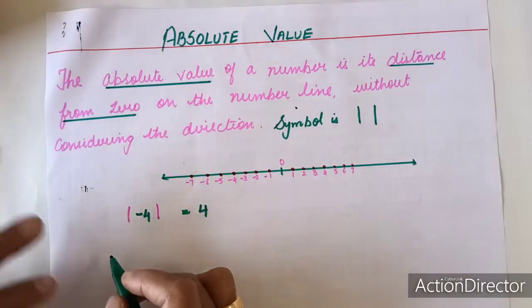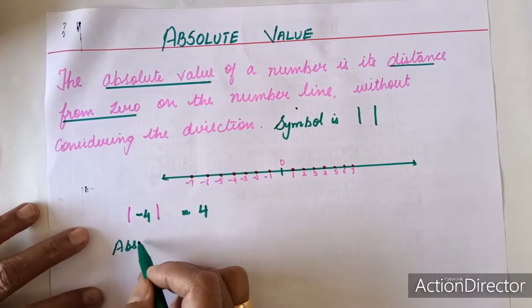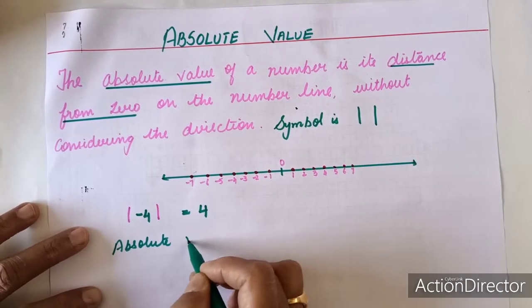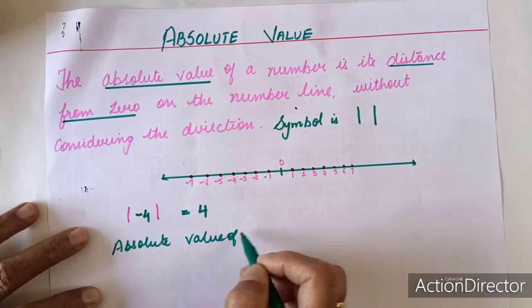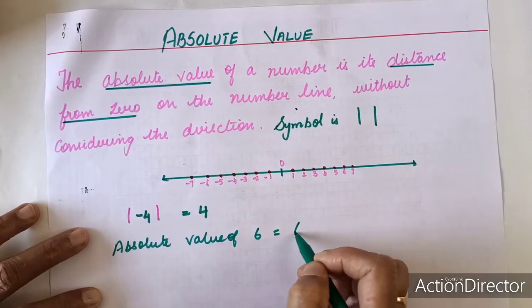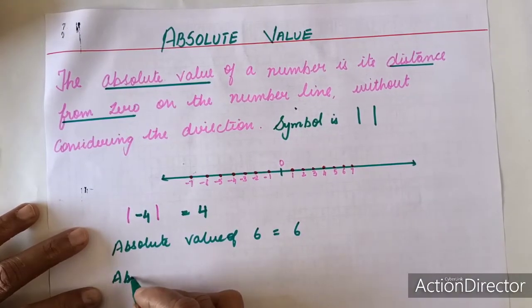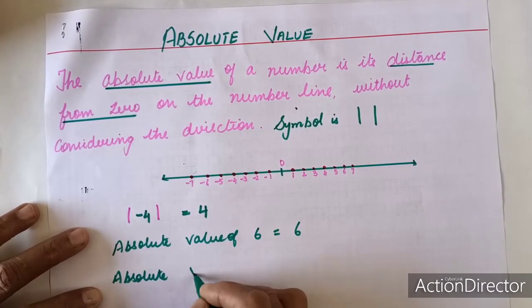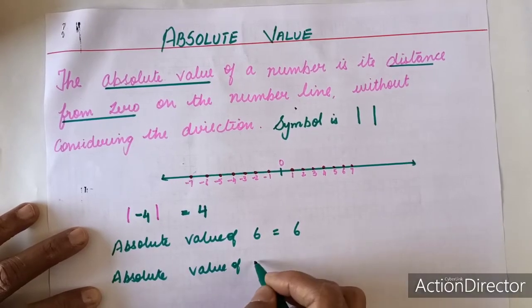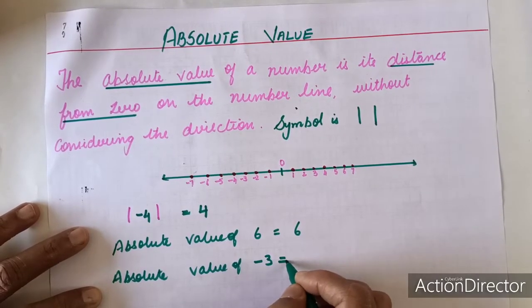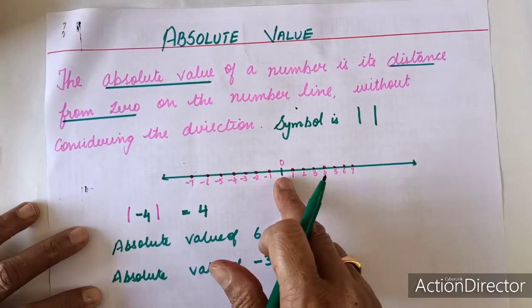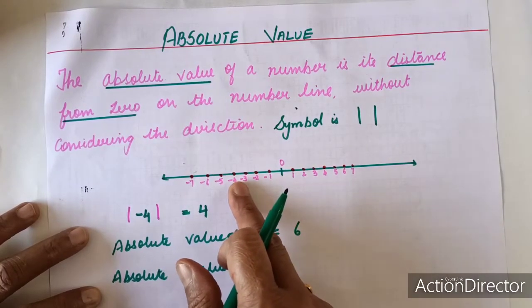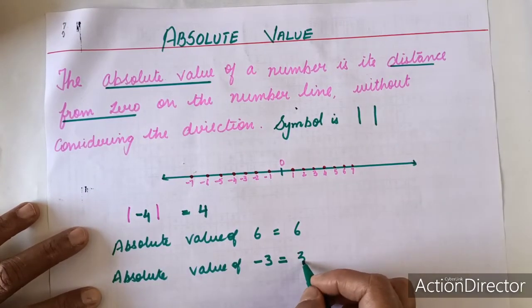So absolute value of 6 is 6. Absolute value of minus 3 is equal to, so you find the distance of 0 from minus 3, it is 3 units. So it is equal to 3.